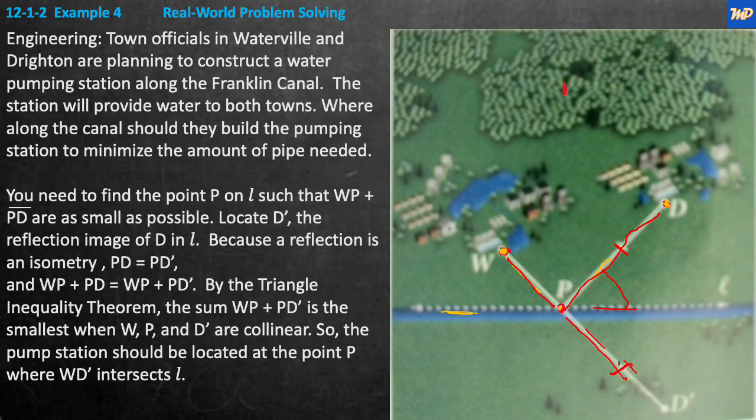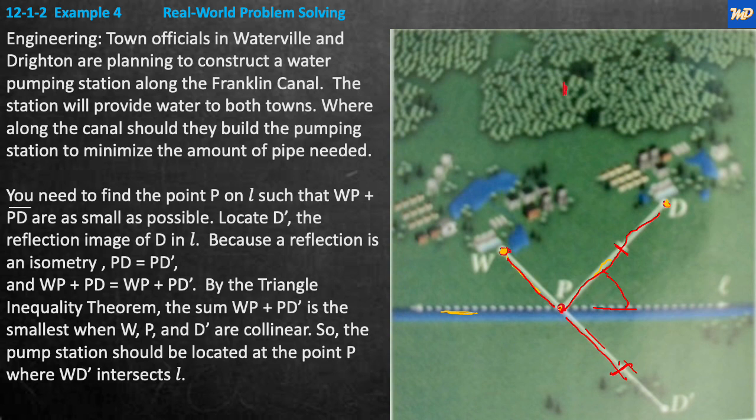And what we can see now is we see this straight line here. And it says, because the reflection is an isometry, PD is equal to PD prime, and WP plus PD, well, that's the original angle here, WP plus PD is equal to WP plus PD prime. Now, we've said it a couple times here.